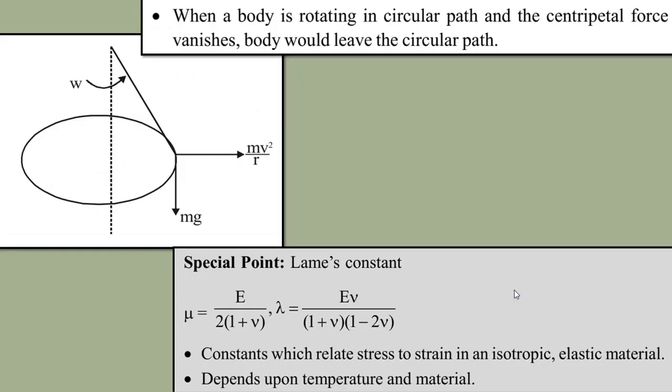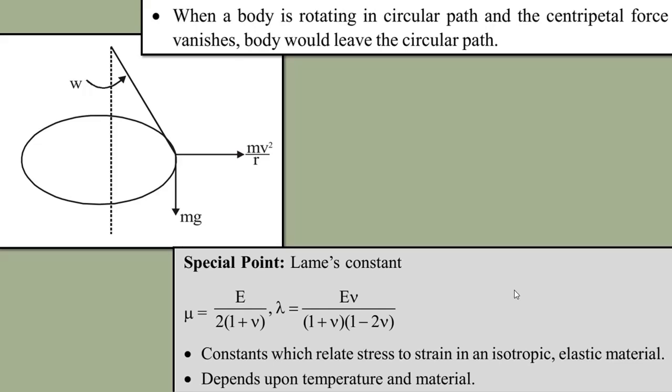When a body is rotating in a circular path and the centripetal force vanishes, the body will leave the circular path. If the centripetal force becomes 0, the body will leave its circular path; the path will not remain circular.